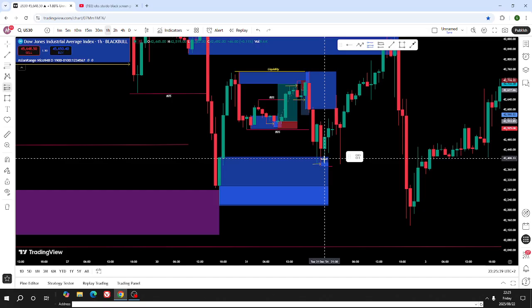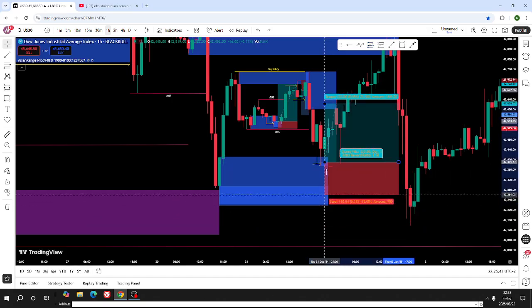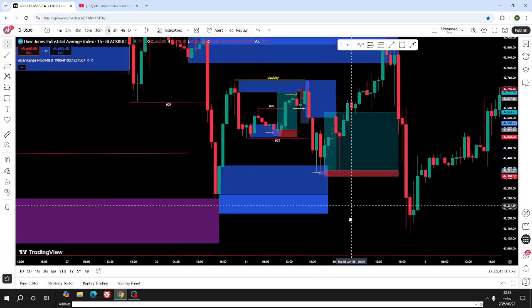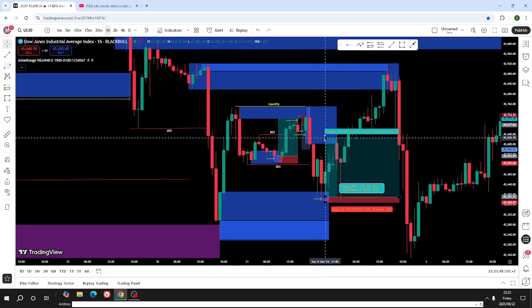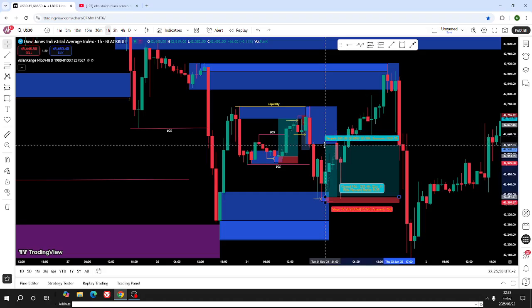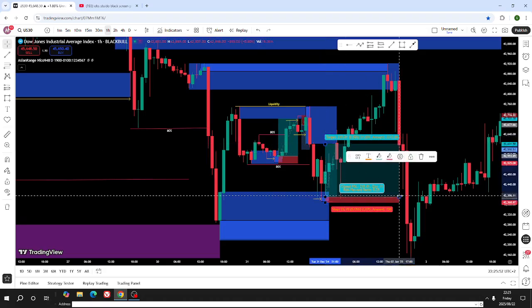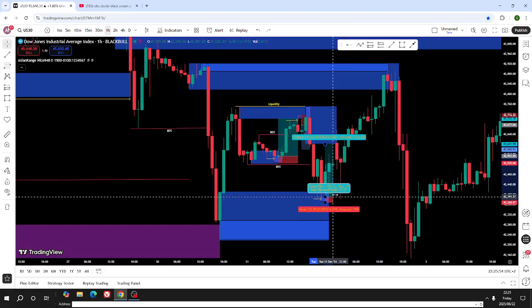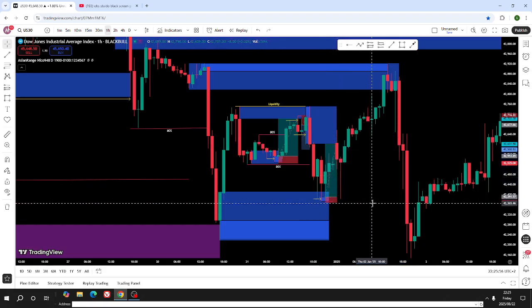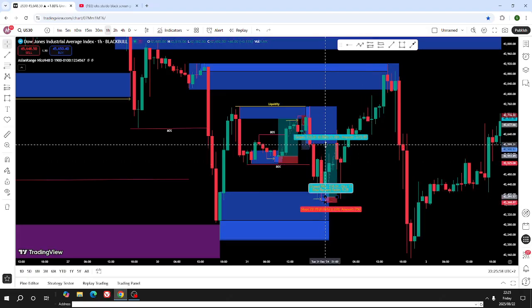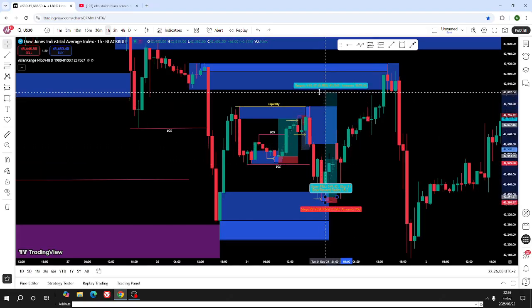And where is the first take profit? Here is the first take profit. Why should we take profit firstly right over here? This is the first take profit, and then this is the second take profit.